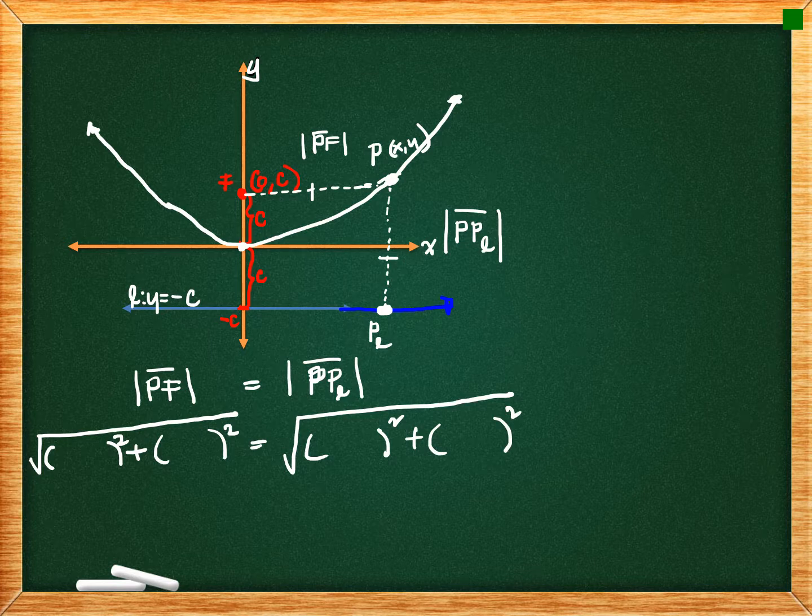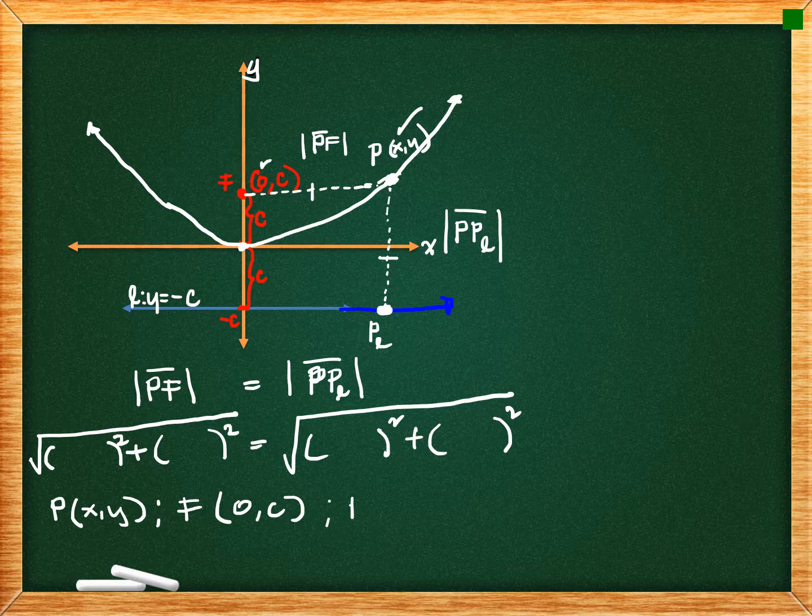So it would be better if we determine the coordinates of P, F, and P sub L and then put them in the formula. So here, let's identify them first. P has coordinates (x, y). F has coordinates (0, c).